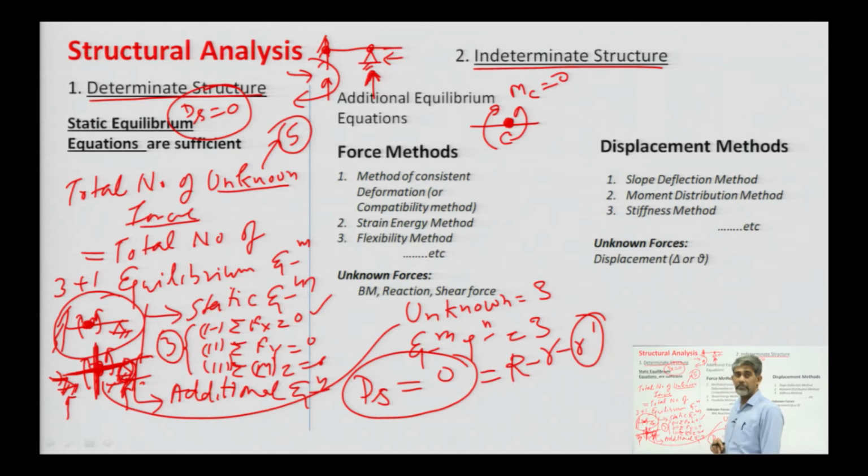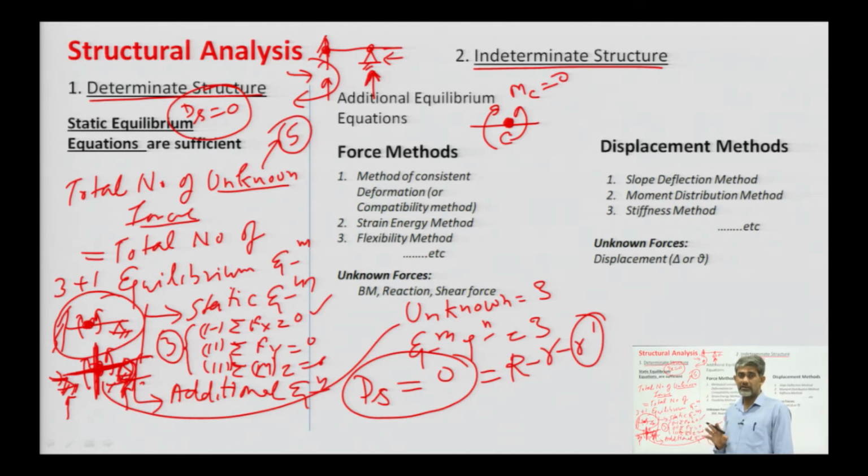What does it mean? It means that we need to develop one more additional equation. How can we develop these equations? We will use certain methods, certain compatibility equations, certain equilibrium equations. We need to write equations so that we have a sufficient number of equations to find all support reactions.